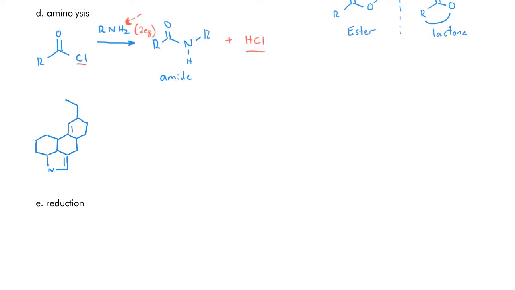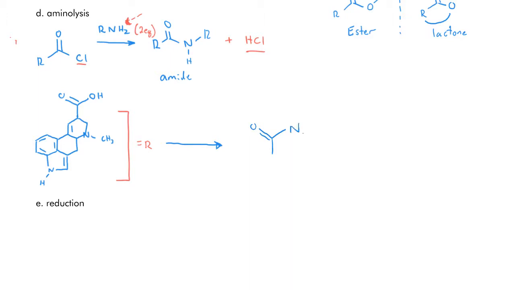So I'm drawing here a famous carboxylic acid known as lysergic acid, and it's in a class of compounds known as ergot alkaloids. And it turns out you can take this ergot alkaloid called lysergic acid, and it can be transformed into an amide that I'm substituting the large ring system here with an R group.